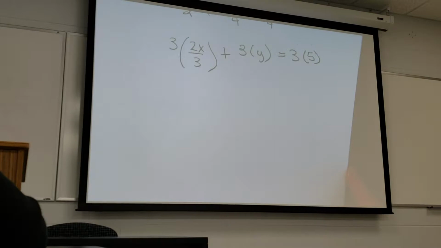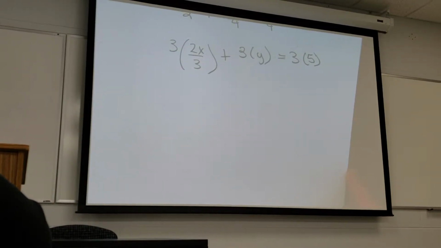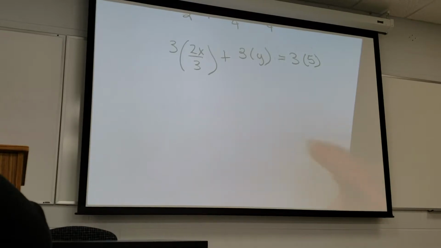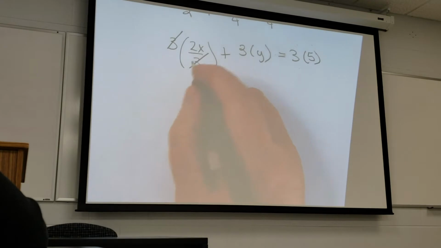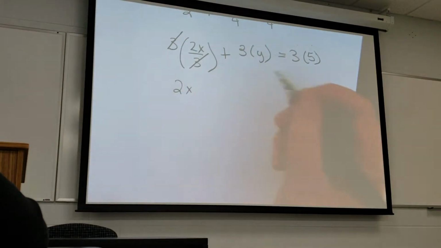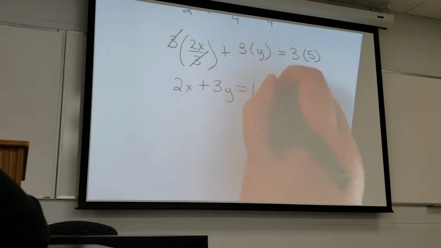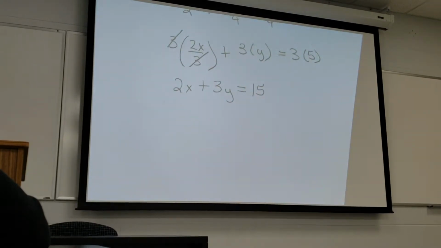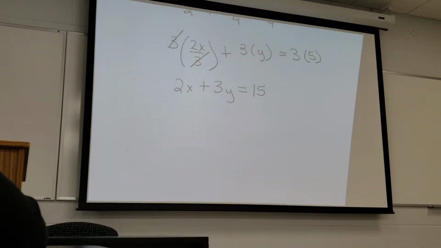The whole purpose of this is to get rid of your denominator. Get it out of there so I don't have to worry about it. So these 3's are gonna cancel, and you will now have 2x plus 3y is equal to 15. It is equivalent to the one with the fraction. Okay, so I'm just getting rid of the fractions to make this easier.